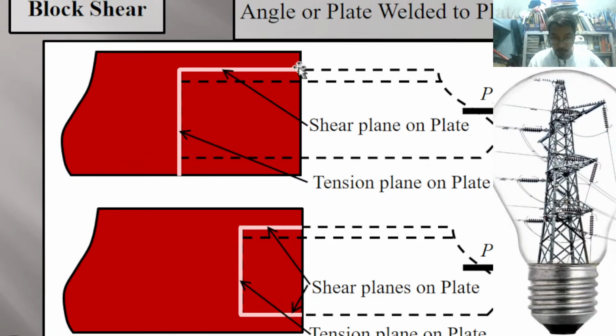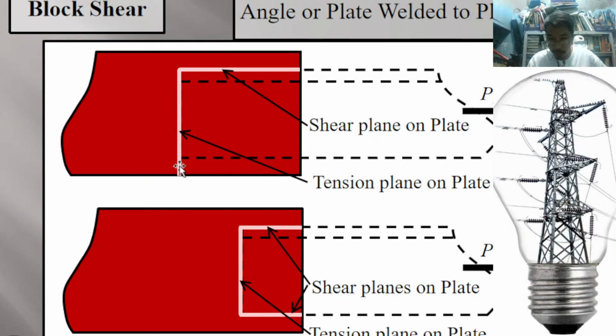It could fail in this manner. It is welded there, welded there, but rather than failing up to this point, it would just fail directly here. So there is a failure section here.